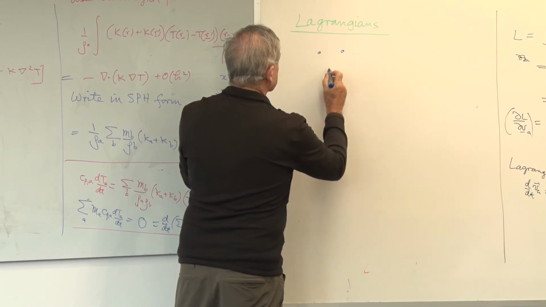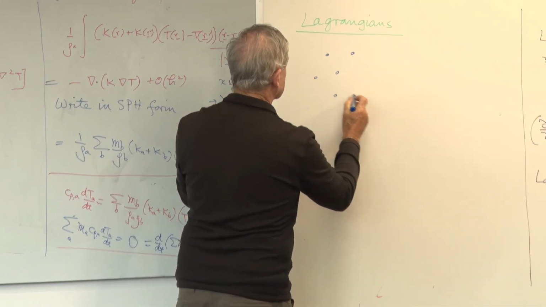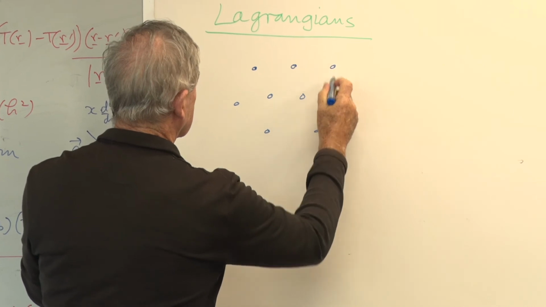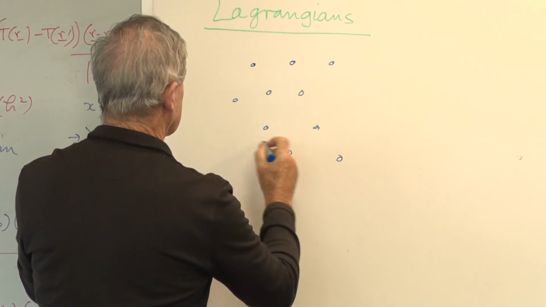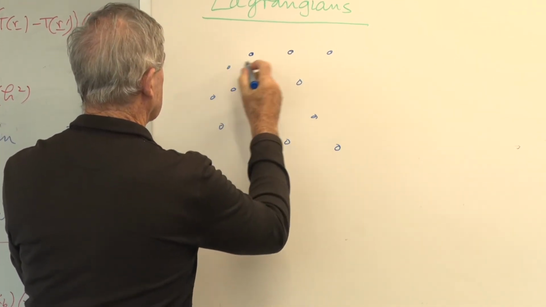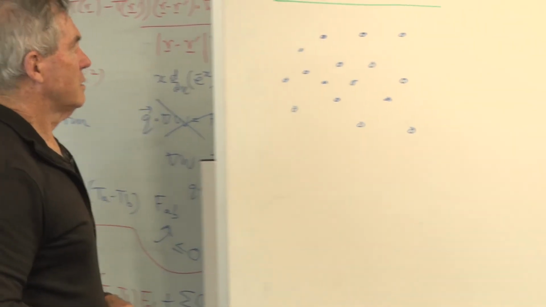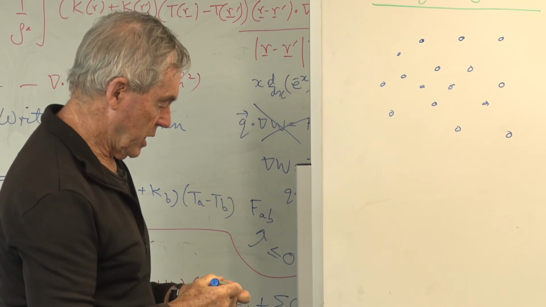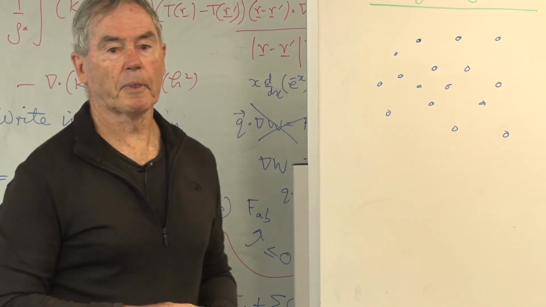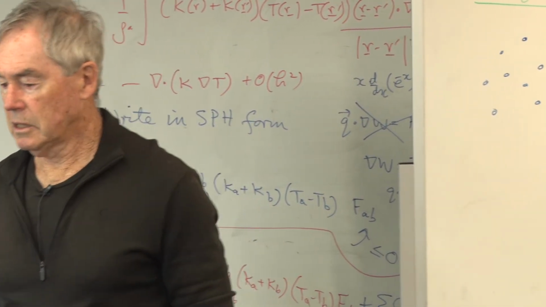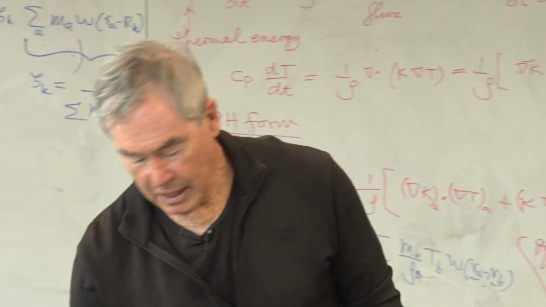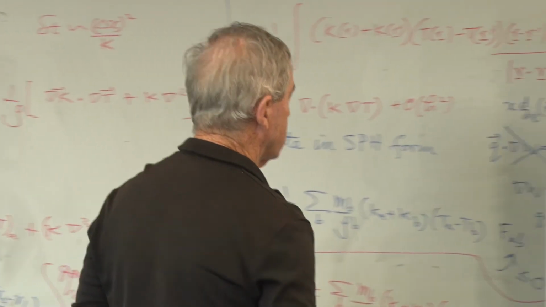Here are a set of particles. So this is a bunch of particles, part of a much larger group, and they're moving around, and I want to show you something.